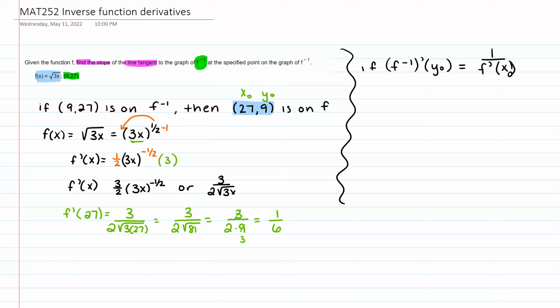So you're switching the x and y. So if 1 over 6 is the slope on the original function, we're switching x with y. So the f inverse prime of 9 is going to be 6 over 1. So it's the reciprocal of the original.